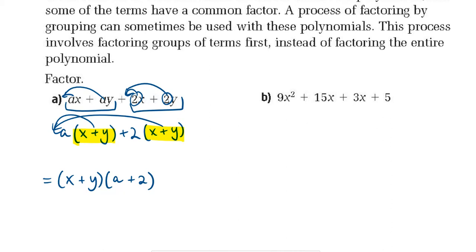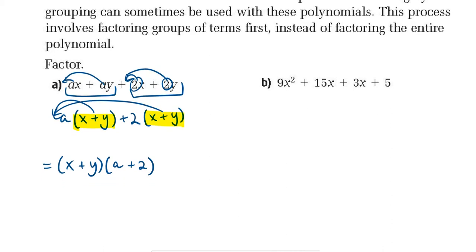Now, for this next one, again, there's no common factor between 9, 15, 3, and 5. You think 3, you can divide 9 by 3, 15 by 3, 3 by 3, but 5 can't be divided by 3. So in this case, again, look for pairs.